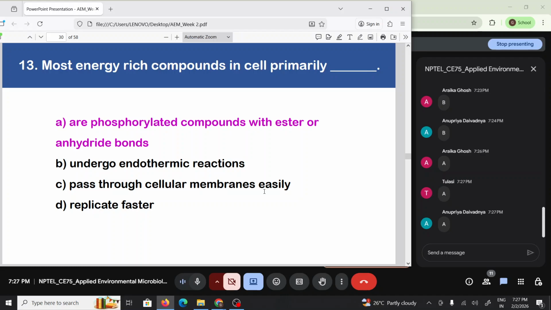So it's very obvious that phosphorylated compounds with ester or anhydride bonds are mostly energy rich compounds, and the classic example is going to be our ATP.